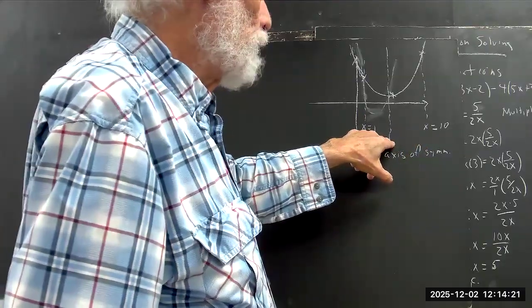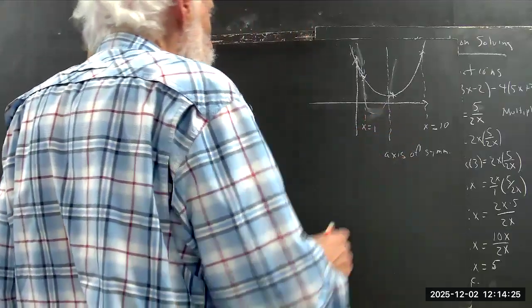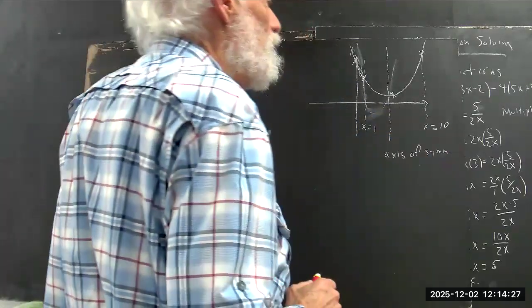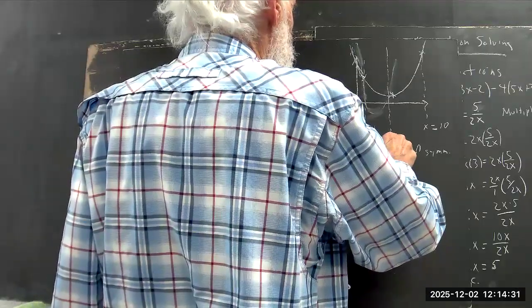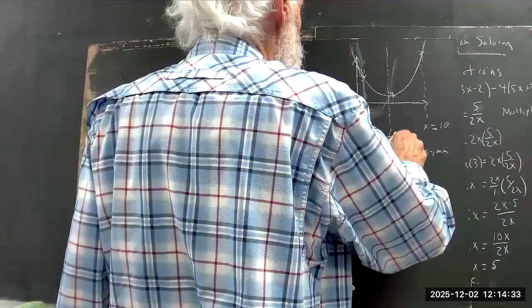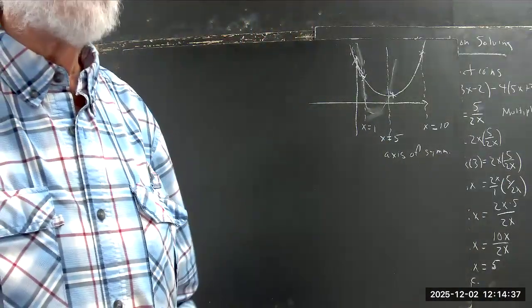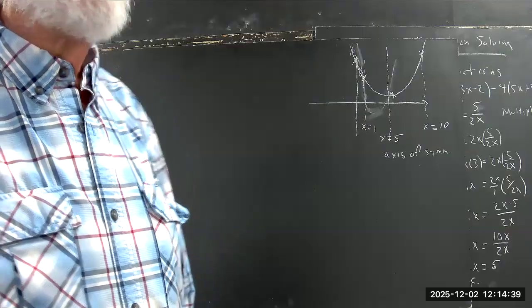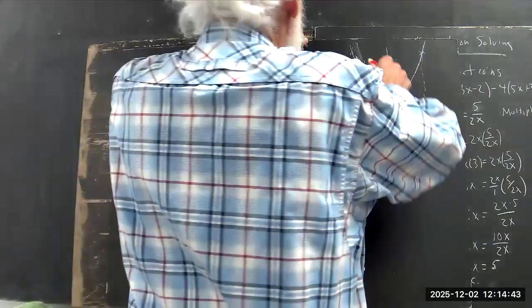It's a little closer to 1 than it is to 10. Halfway between 1 and 10 is probably here. Halfway between 1 and 10 is 5.5. So I'm just going to fudge a little bit and say that this line's maybe x equals 5. That's close enough. Keep it in whole numbers so we don't have to get all messed up with fractions. Okay, so we're just looking at a process. Okay, this is the axis of symmetry.